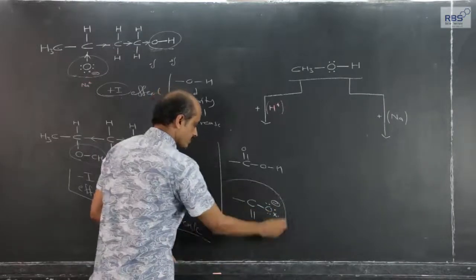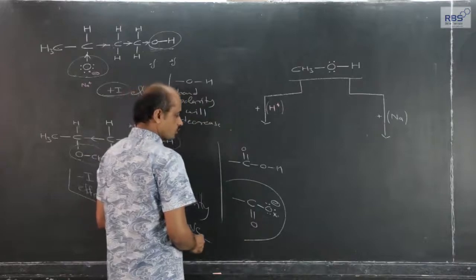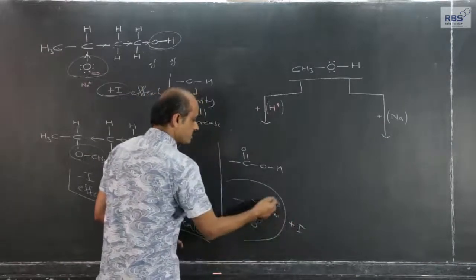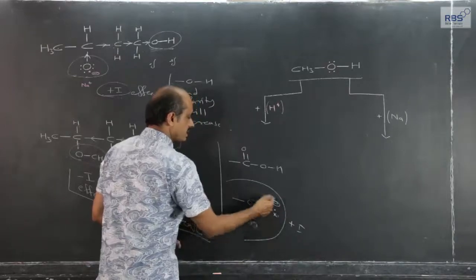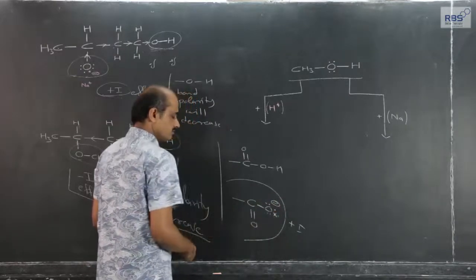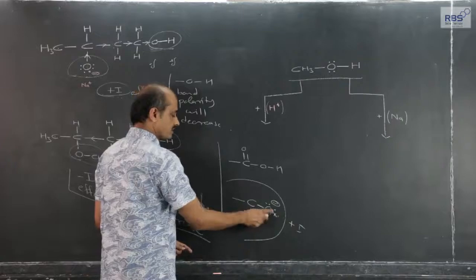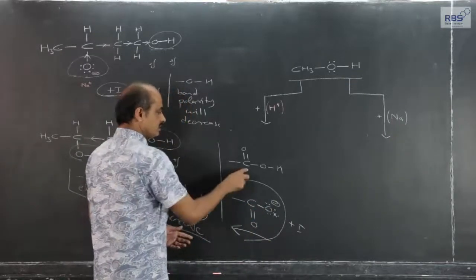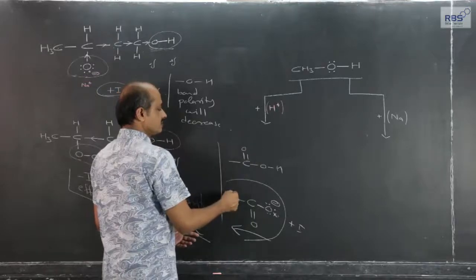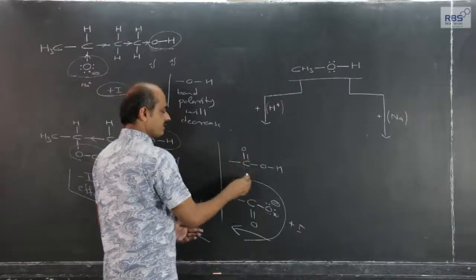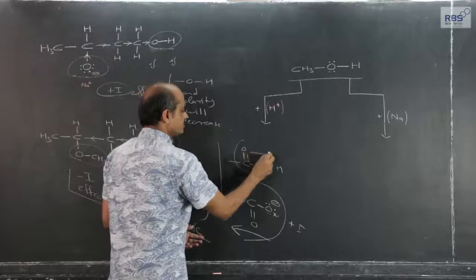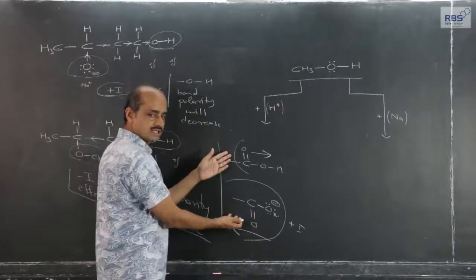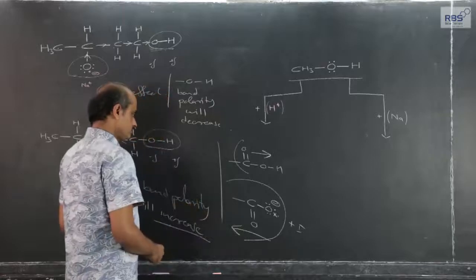This carboxylate ion shows plus I effect because of the negative charge, and since there is extra electron density in the oxygen, it has a tendency to release electron density. The carboxylic group has electron withdrawing capacity, this group has a tendency to withdraw the electron density. So, even such examples can also be taken.